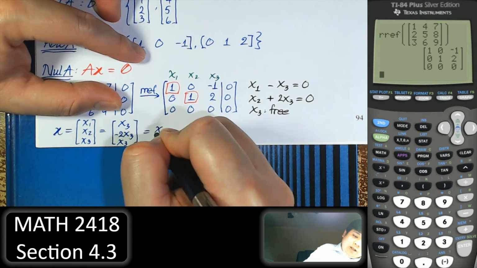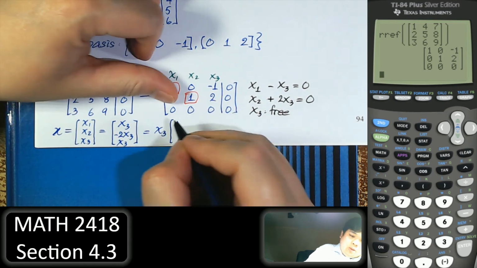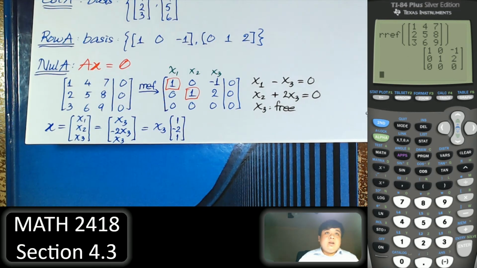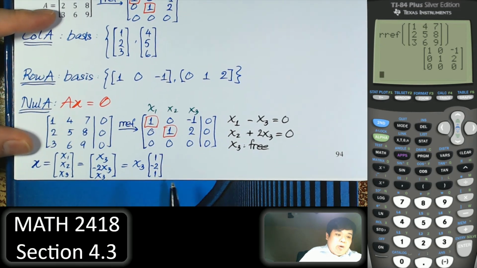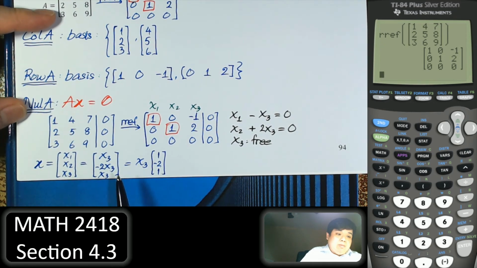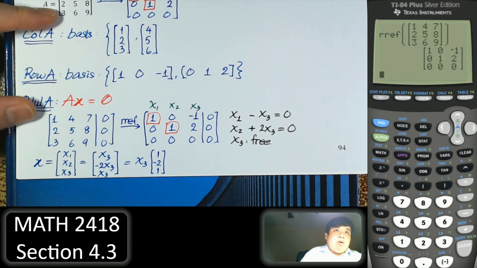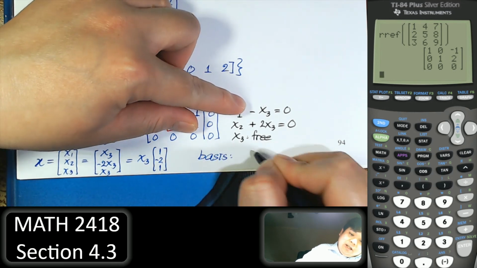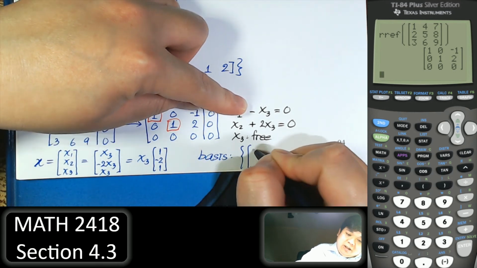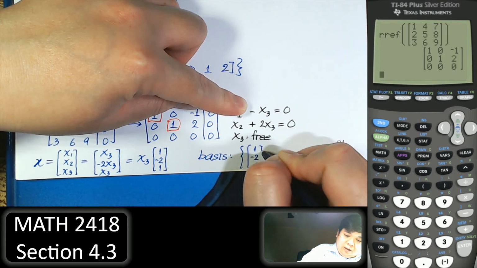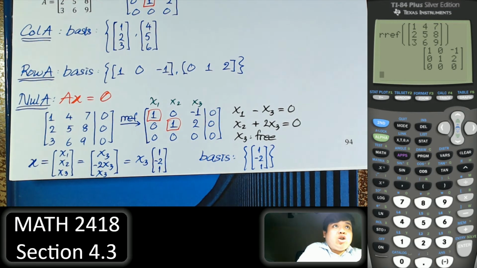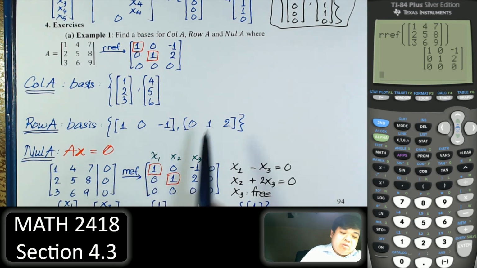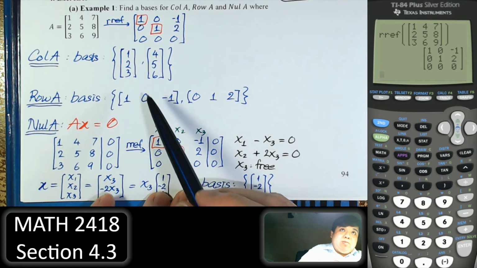Factor out x3: 1, negative 2, and 1. So, in that case, the basis for the null space of A is equal to that. By the way, the null space of A is in this form. So we say the basis is the set of this vector. So the null space will be equal to the span of that vector. The row space will be the span of those two vectors, and the column space will be the span of those two vectors.